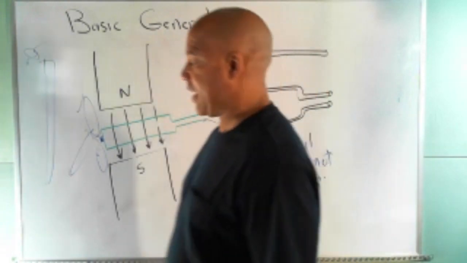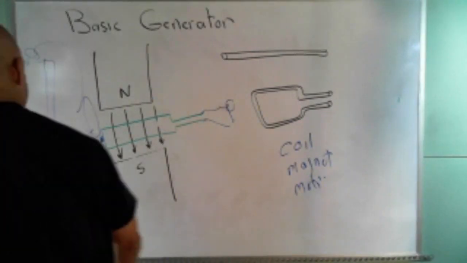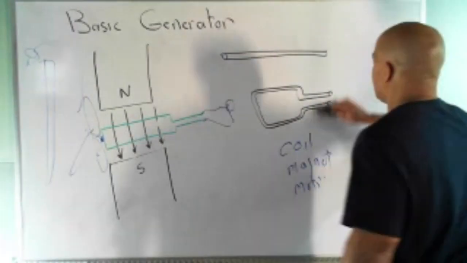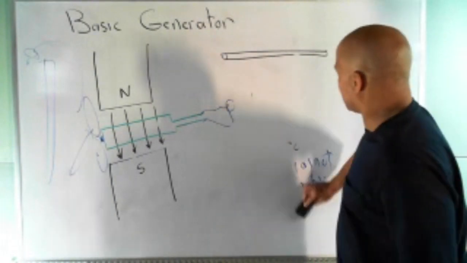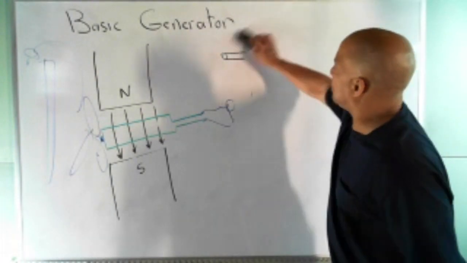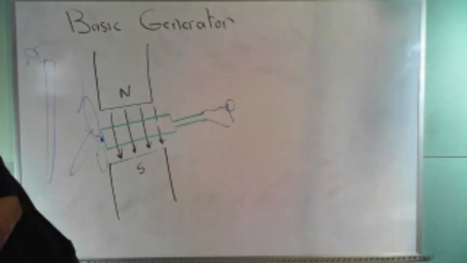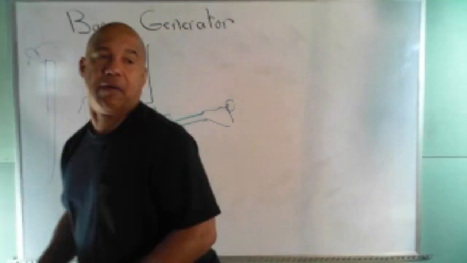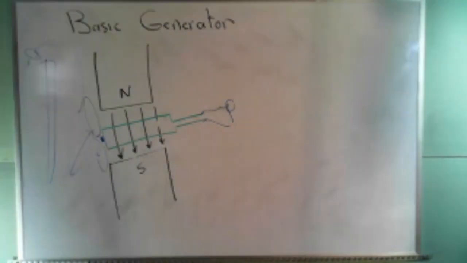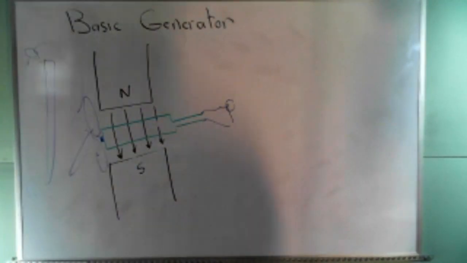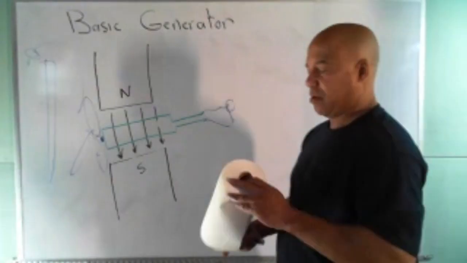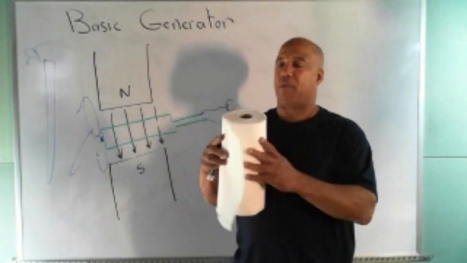Well, let's look at that question. Somebody figured that out for us. To get away from the twisting wires, what they did was, they said, okay, what if I imagine a paper towel roll like this? We know on the inside of there you got that cardboard tube.